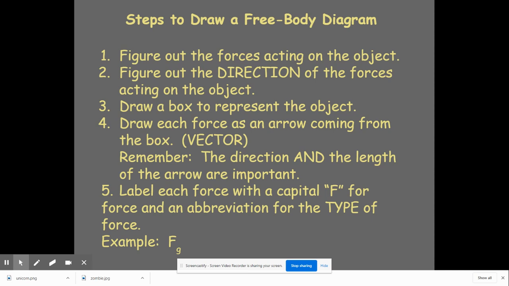And then we're going to label each force. What we do is we put a capital F for the word force, and then we abbreviate for the type of force. So I might put F and then a smaller G. You guys know I have to get up there. There it is. Now you can see it. And that G is for gravity. Or sometimes I'll see people put a capital F and then write lowercase GRAV for gravity.